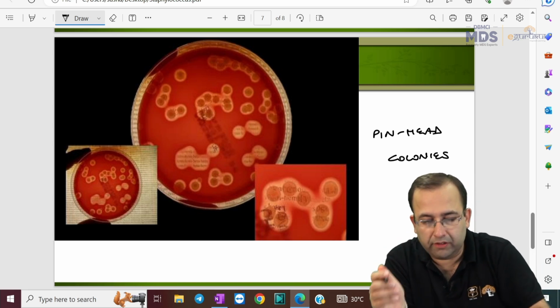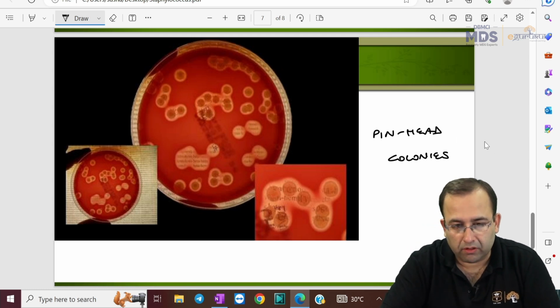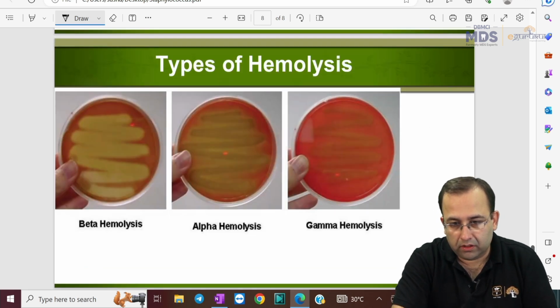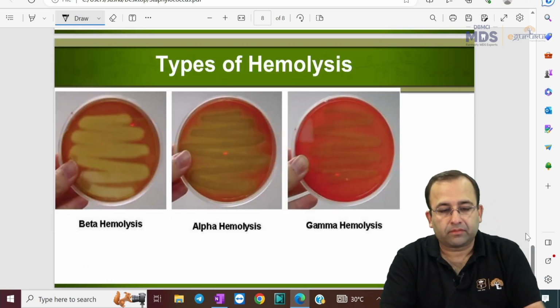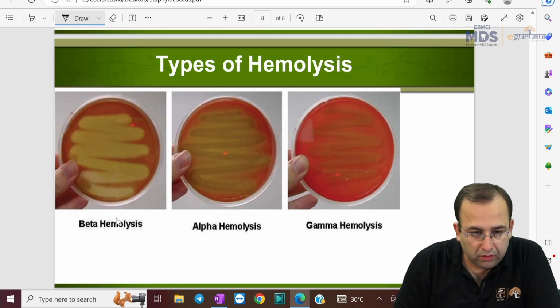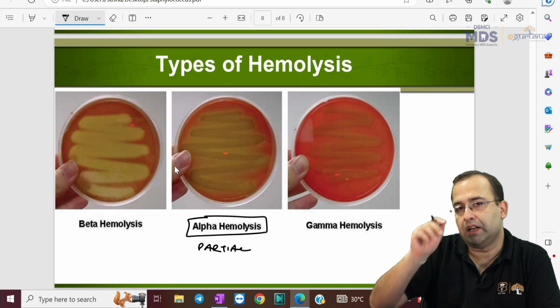Just for your reference sake, have a look at this image now. I guess we'll see it with the Streptococcus only. I do not have it in this PPT. This is the last one. No, I do. Have a look at the types of hemolysis. There are three types of hemolysis. Alpha hemolysis is partial hemolysis. See, we are streaking the organism.